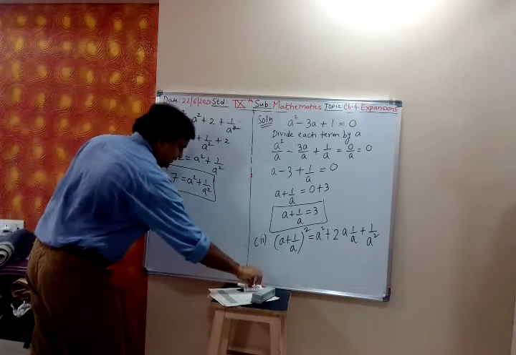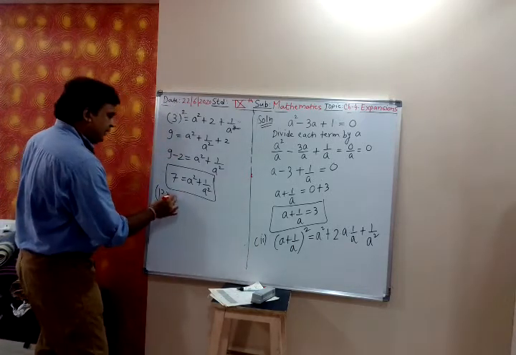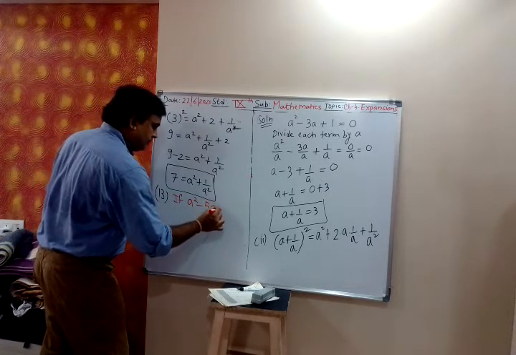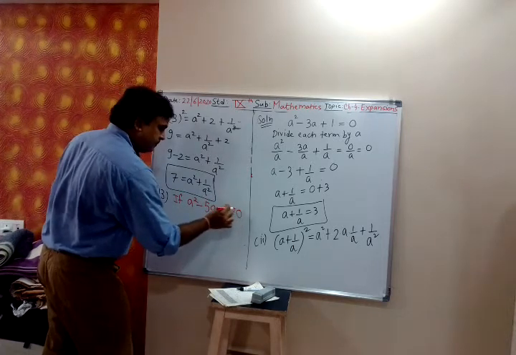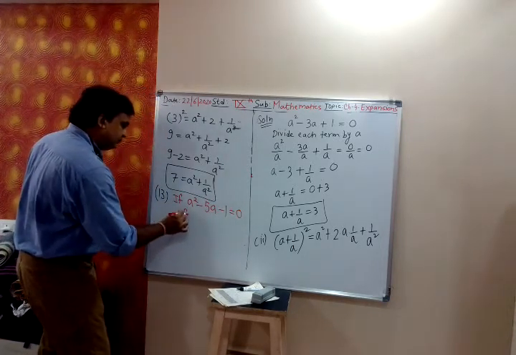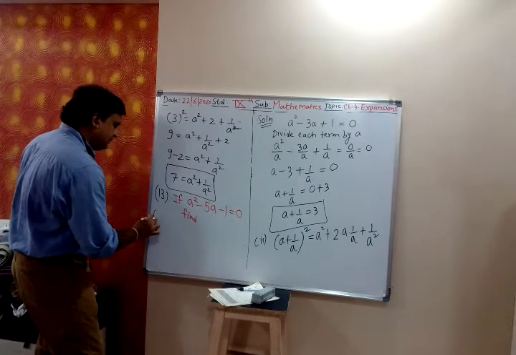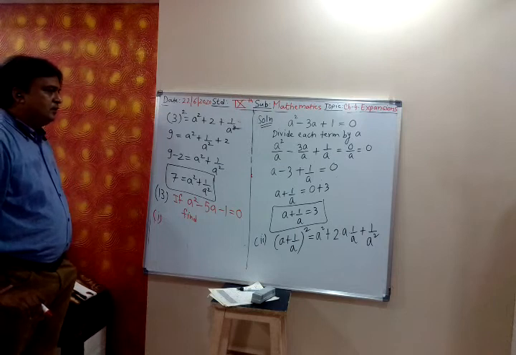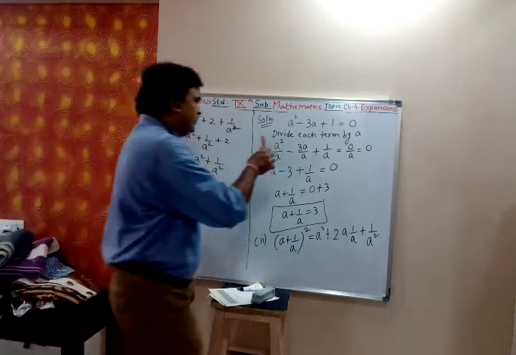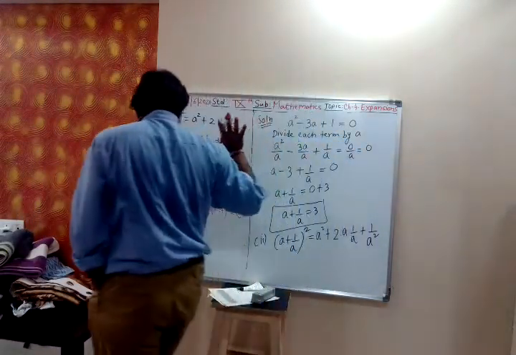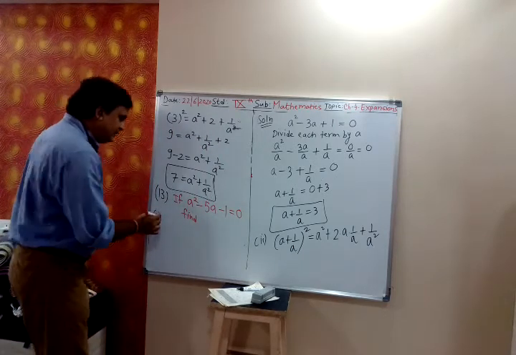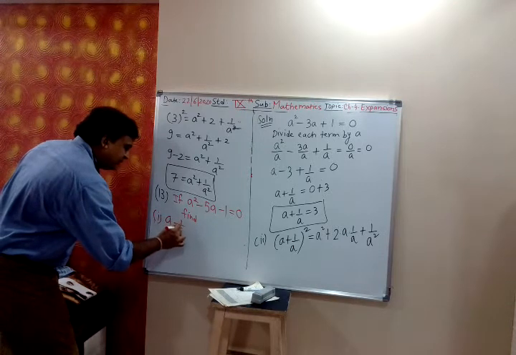Now 13. If a square minus 5a minus 1 is equal to 0, find: first, a minus 1 upon a.